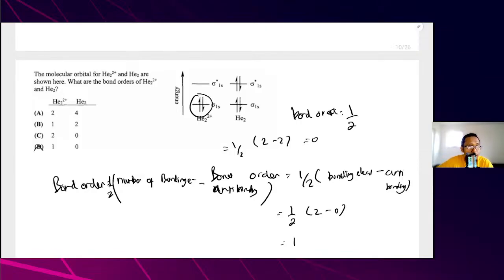To find bond order, just count the electrons in bonding and anti-bonding orbitals, subtract, and then divide by 2. If the bond order is 0, the molecule won't exist. If it is one or more, a bond is formed. So as we can see, He2, with bond order 0, won't exist in the world.